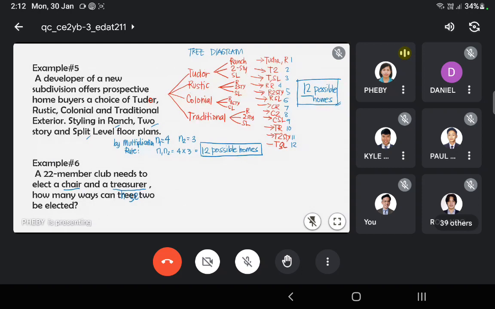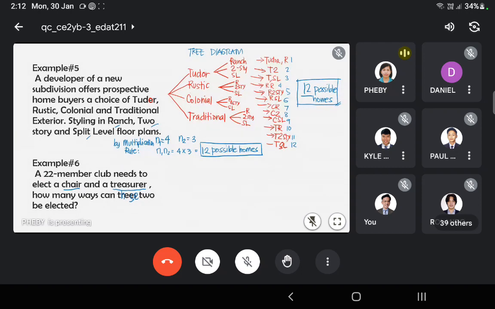So, ano-ano yung mga possible choices? Kunwari, pwedeng si member 1 and ang combination na pwede niyang iboto is member 1 and member 2. Member 1 and member 3. Member 2 and so on and so forth.